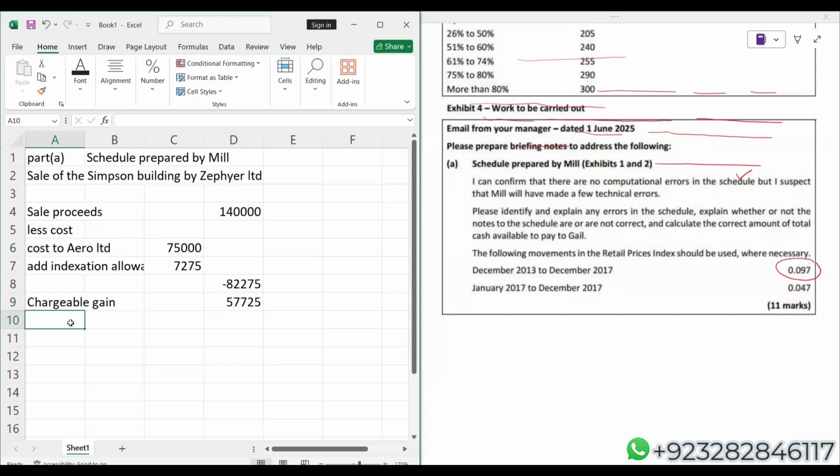It is mentioned in the question that the applicable corporation tax rate is the main rate, which is 25%. Corporation tax.